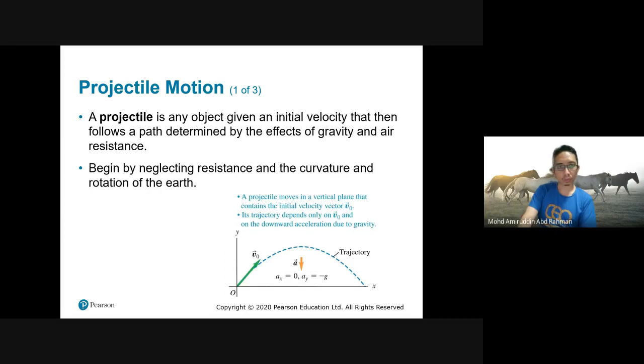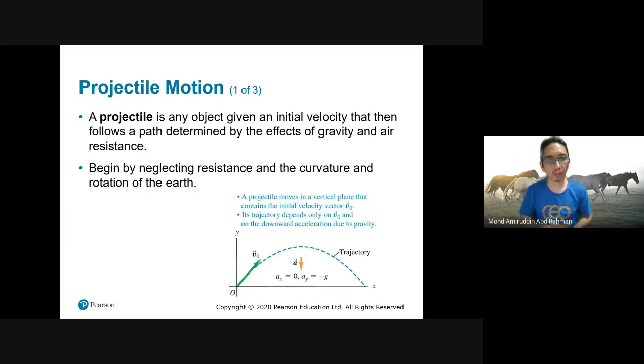So for the arrow problem, we need to describe that in terms of projectile motion. A projectile is any object given an initial velocity that then follows a path determined by the effects of gravity and air resistance.